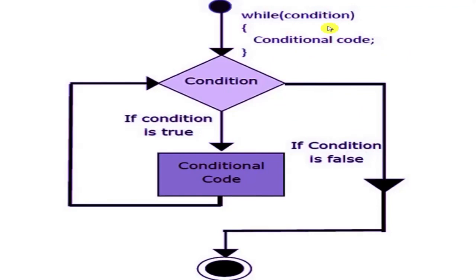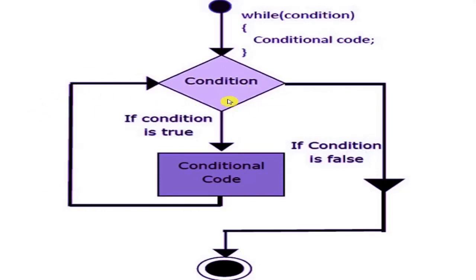As you see in this flowchart, this is the working of while loop. While condition or any expression, then the conditional code or statements get executed. Initially the condition is checked. If this condition is true, then the statements given below get executed. Again, the condition will be checked. After executing these statements, the control will jump to the condition and check the condition again.